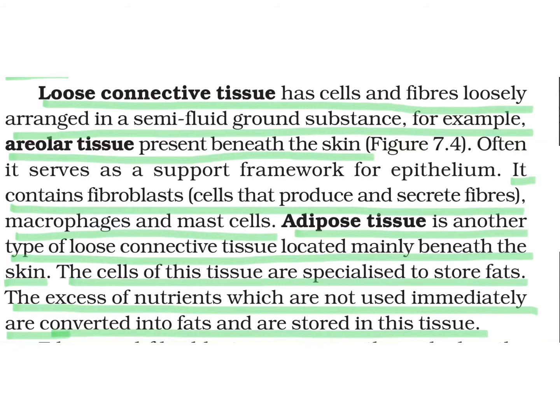Actually it is a modified form of areolar tissue, but here the fat deposits are more numerous. That's why a different name is given, adipose tissue, and its main function is to store fat. So extra food which is stored in the form of fat is found in this tissue.